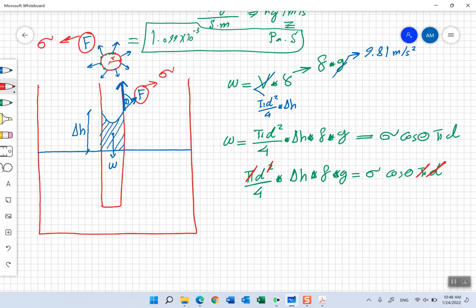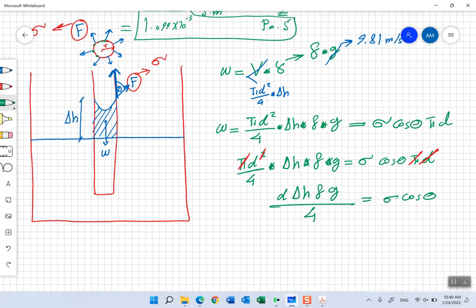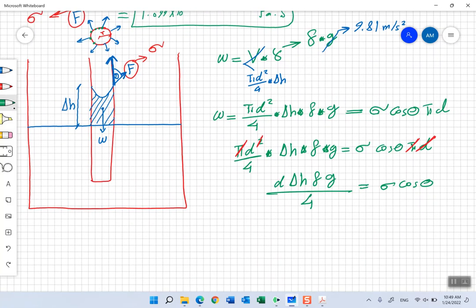So the final equation will be d delta H rho g over 4 equals sigma cosine theta. Great. If I want sigma on one side and the other parameters on the other side, it will be something like that. So this is the equation of the tension force.